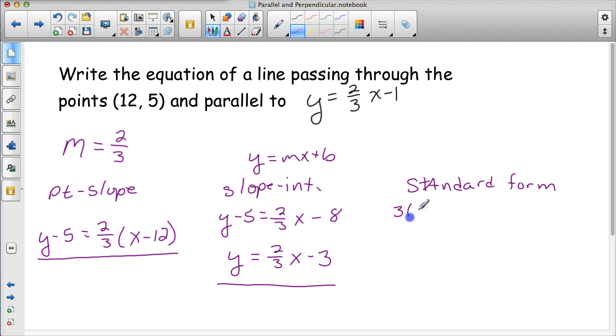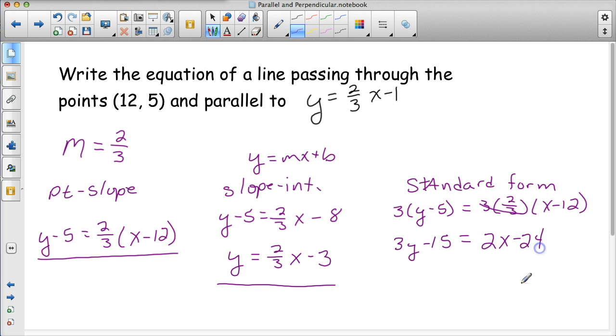So I get 3 times (y minus 5) equals 3 times 2/3 times (x minus 12). So on the left side, I distribute 3, and I get 3y minus 15. On the right side, 3 times 2/3 cancels, and now I distribute the 2, and I get 2x minus 24.